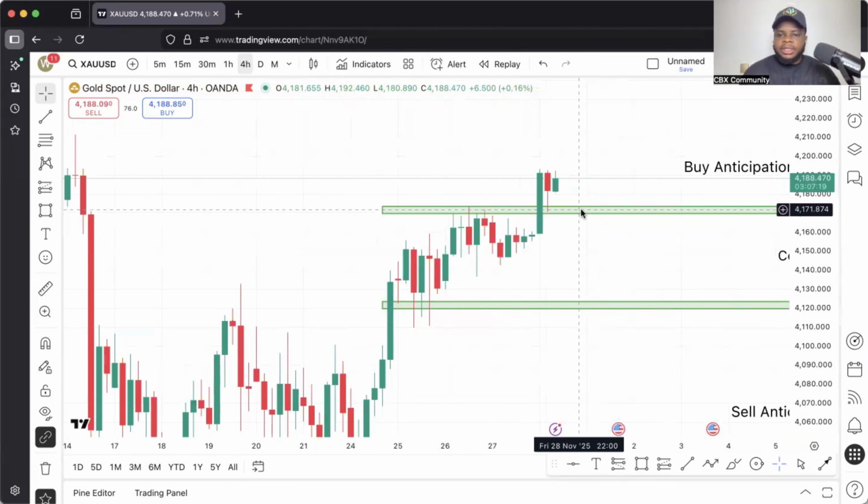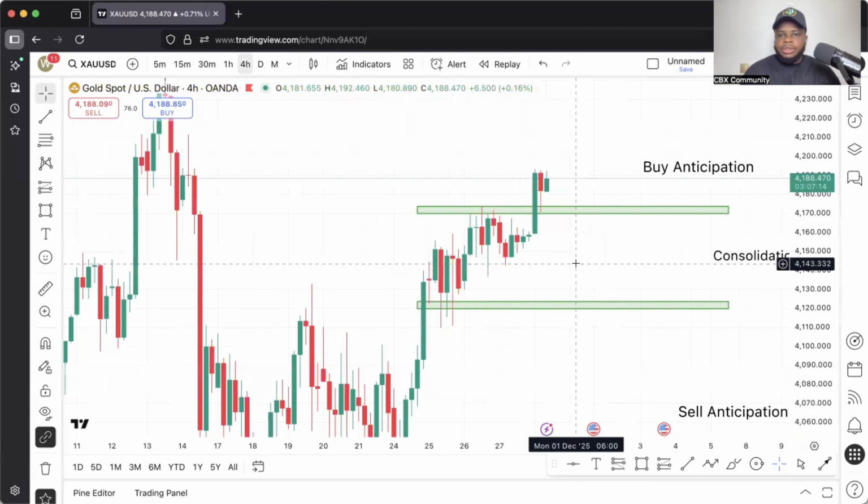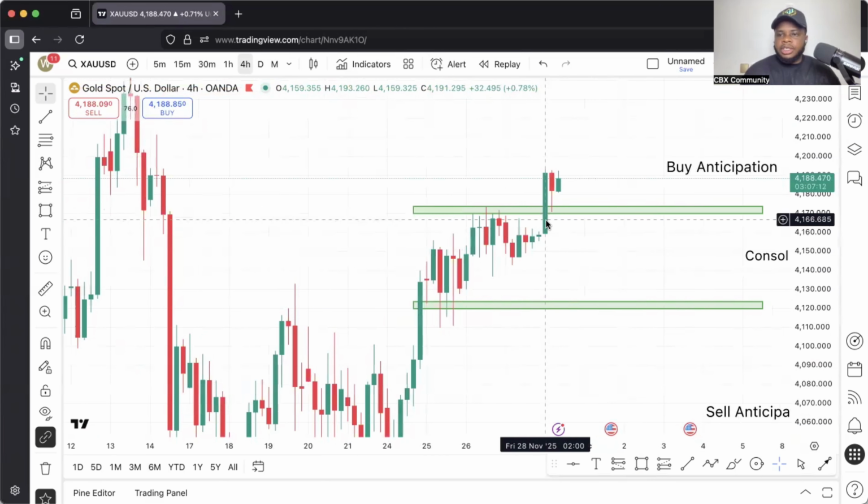But from this resistance zone down to this support zone, it's considered a consolidation zone. Right now, since this candle has broken this resistance zone and the next candle closed with a bearish candle, and this recent candle is here to break the high and the low, the best thing for us to do is just wait. We don't need to do anything.